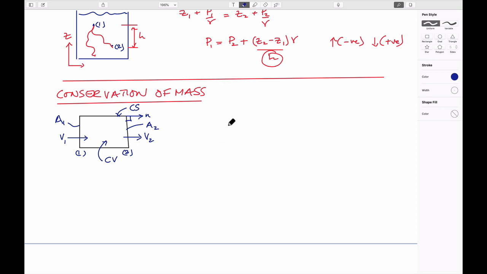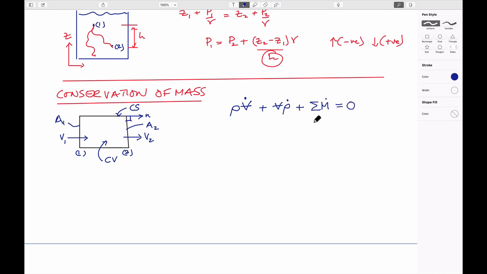For those conditions, we can define the conservation equation as density times the rate of change of volume of the system, plus the volume times the rate of change of density of the system, plus the sum of the mass flow rates, which has to equal 0.